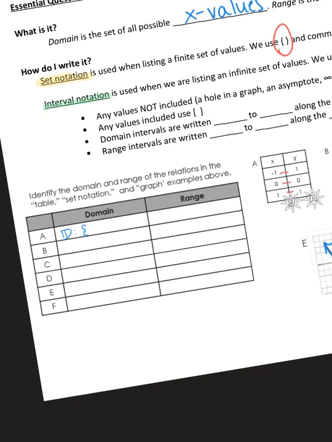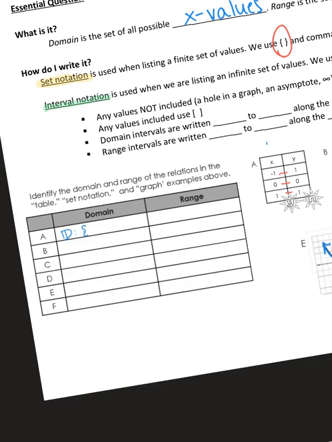The domain is just all of the x values. In A, it's in a table format, and we just want to list the x values from smallest to largest. So our x values are -1, 0, and 1. And that's our domain because this is a finite set. We know exactly what numbers are in our domain from our table.